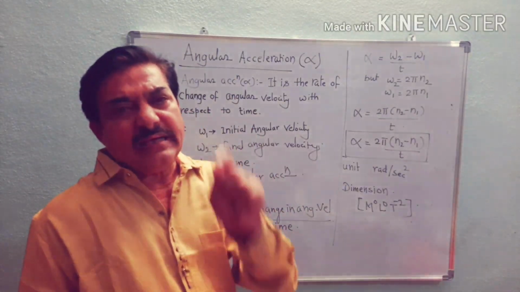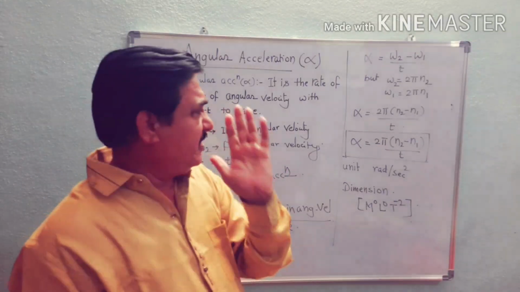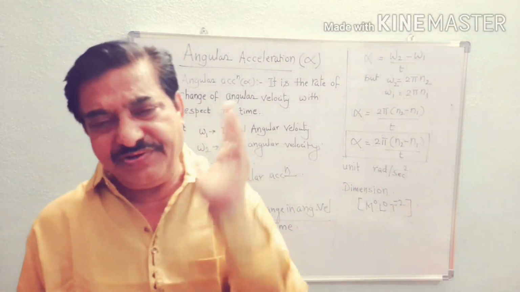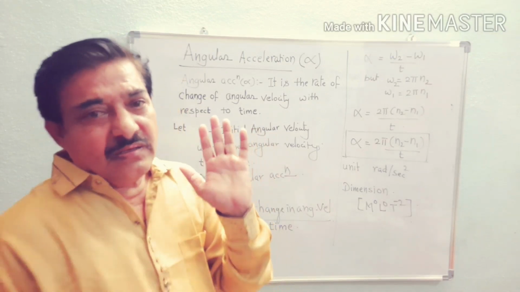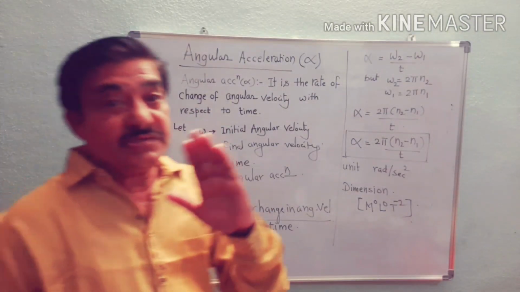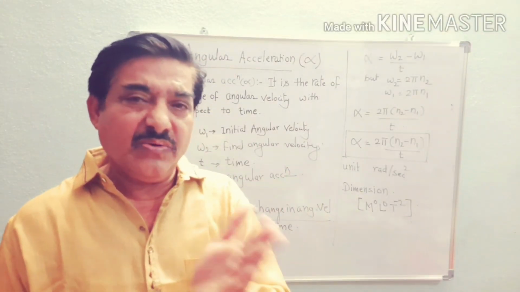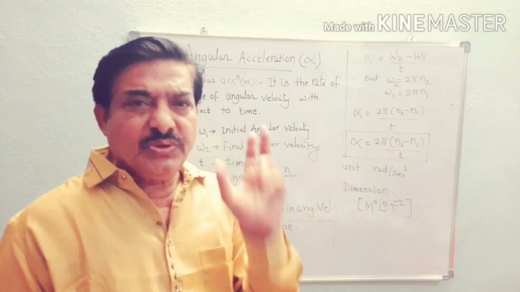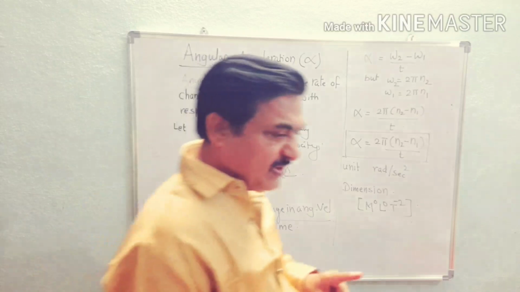And if omega is infinitesimally small or theta is infinitesimally small, then this angular acceleration alpha is a vector quantity. But the sign conventions for alpha are just different from the sign conventions of angular velocity and angular displacement.